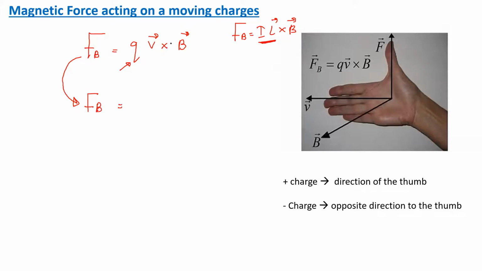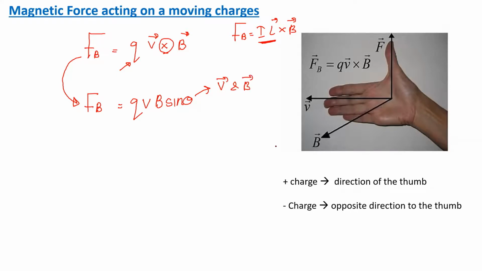What should it be? So if we get rid of this cross product, what's the equation? Okay, QVB sine theta. And theta is the angle between V and B.